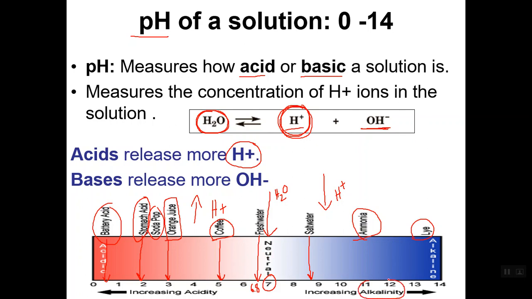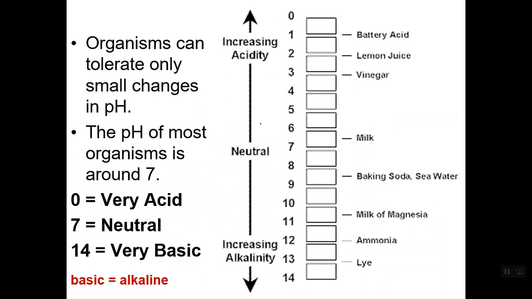Alkalinity is a synonym for basic. They mean the same thing. So you can go around calling people alkaline and they won't know you're insulting them. Don't actually do that. All right, so here's just another view of the same thing. Basic is alkaline.